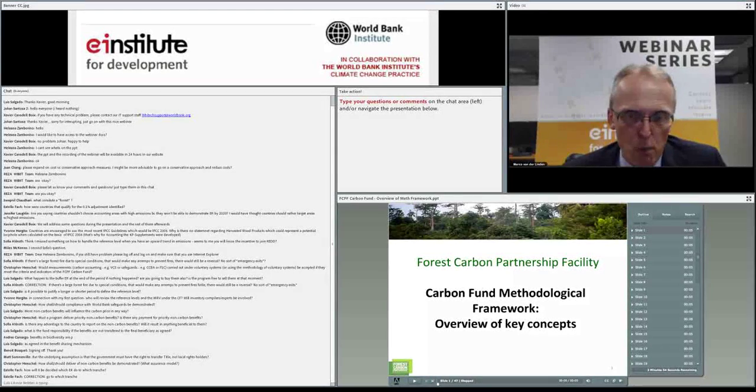But the results of the program in the end are measured in emission reductions. So if you thought you would have certain priority non-carbon benefits, and you're not delivering as much as you thought before, that does not necessarily disqualify you from getting paid for the emission reductions.